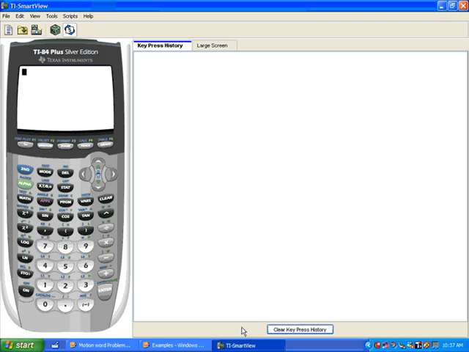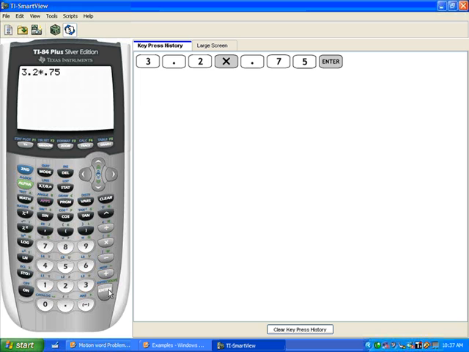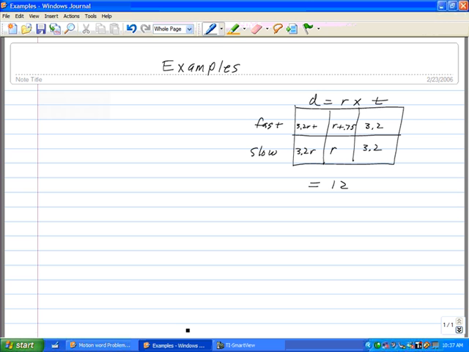So again to the calculator, 3.2 times the 0.75 is going to give us 2.4. And again, that 2.4 is actually representing the extra work that the faster crew is going to do.